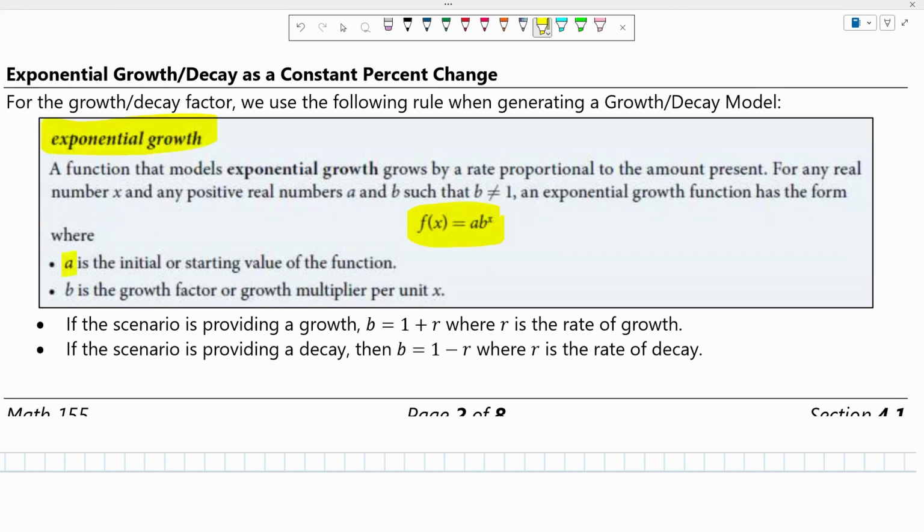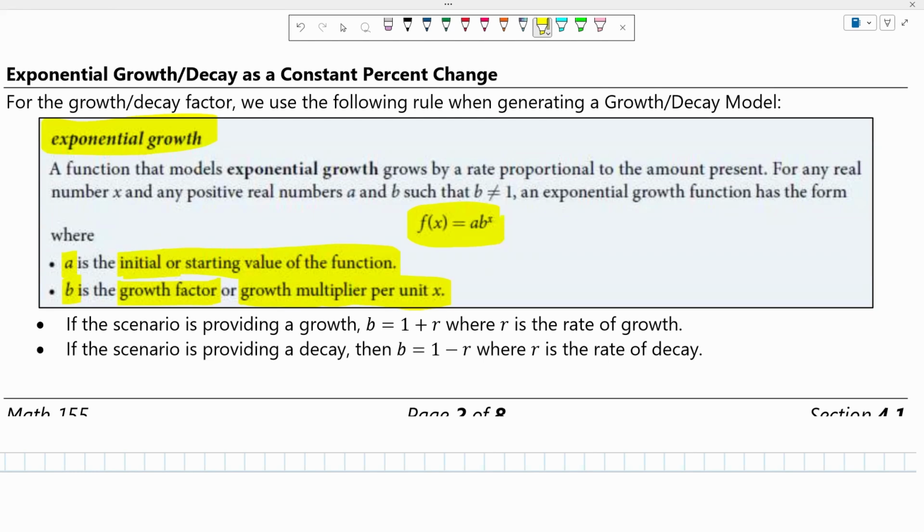The A that we have up front is what we call the initial or starting value of our function. And B is what we call the growth or decay factor, or the growth multiplier per unit x. Basically, B is whatever it's growing or decaying by.